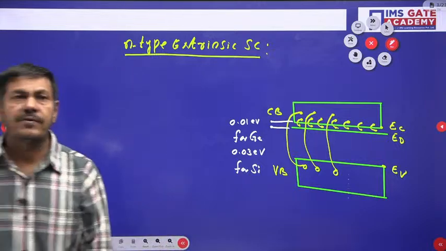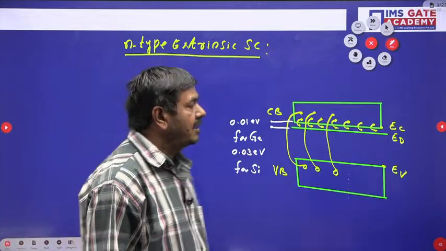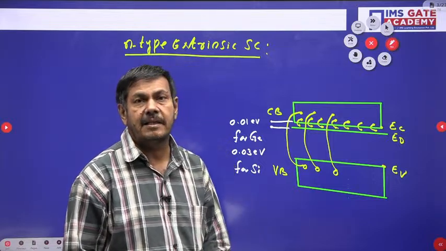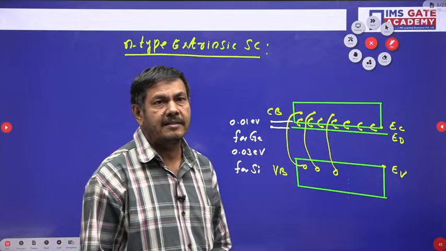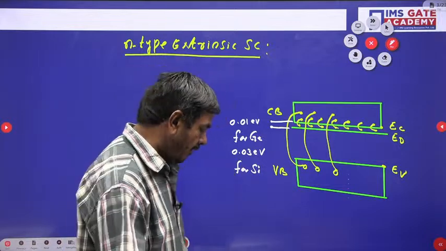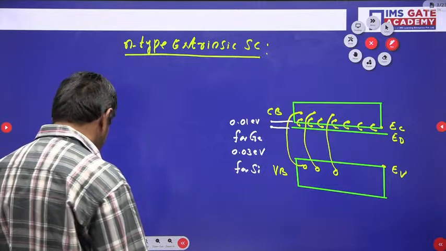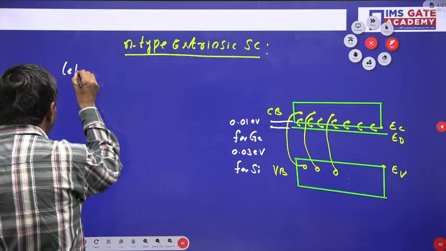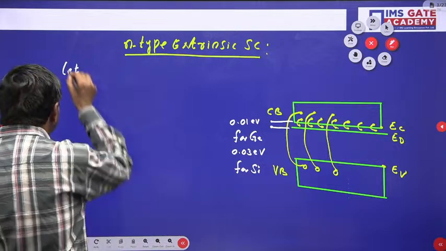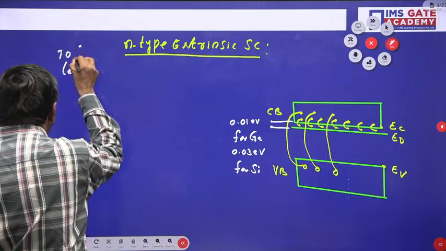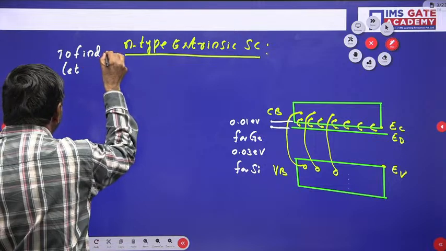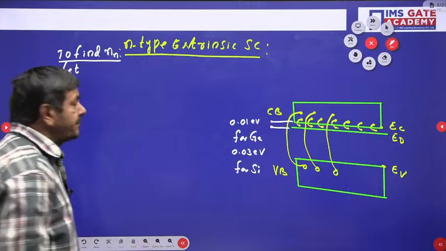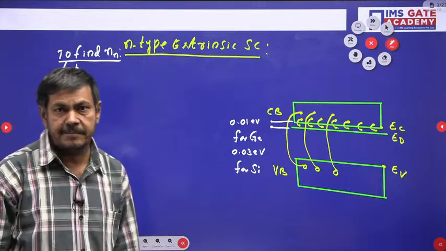And I would like to find the concentration of electrons in the n-type material, how we can determine it. That point is also very important. How we can determine it, I will explain now. To find Nn, n suffix n, which I have taken, it is an n-type extrinsic semiconductor.